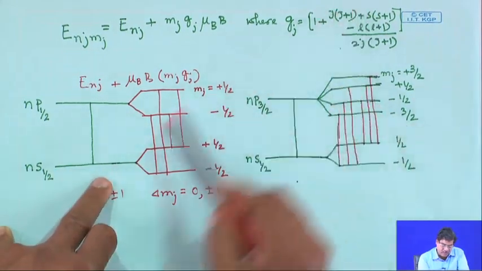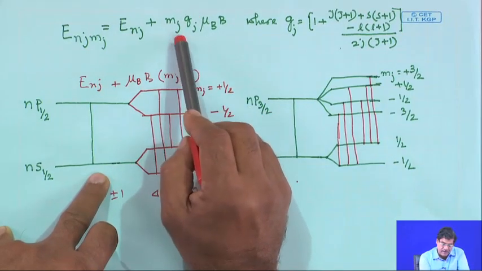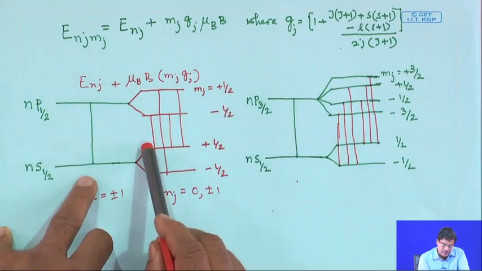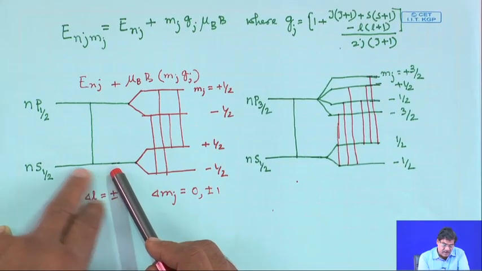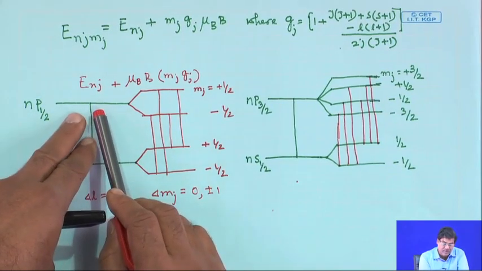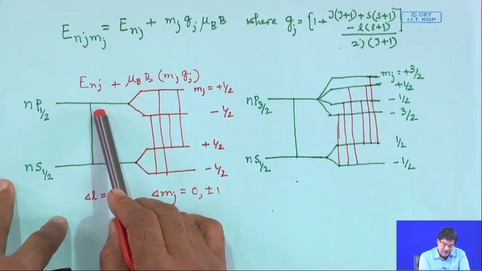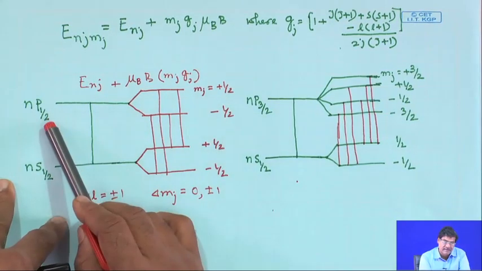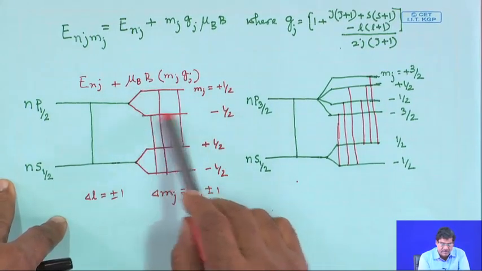Depending on the M_J value it is split into 2, here L equal to 0. Now for L equal to 1, J is half, so M_J will be plus half and minus half, and again we will get 2 split lines.